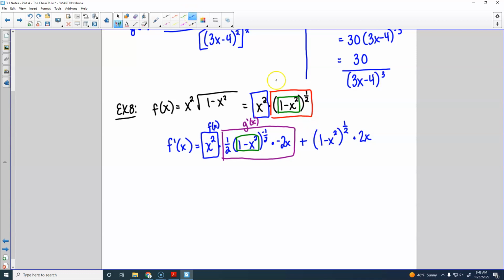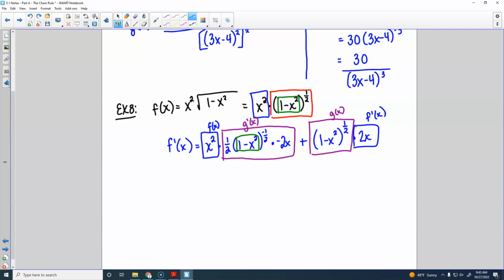This was my g of x. And this part right here was my f prime of x. Whew. Simplifying this one's going to be fun, right?